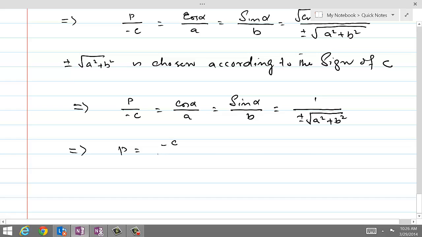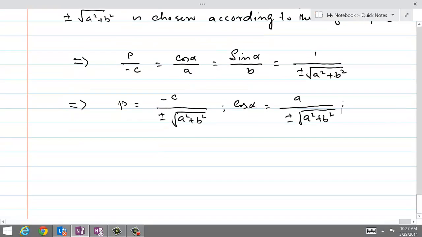over plus minus the square root of a square plus b square, and cos alpha would be equal to a over plus minus the square root of a square plus b square, and sine alpha would be equal to b over plus minus the square root of a square plus b square.